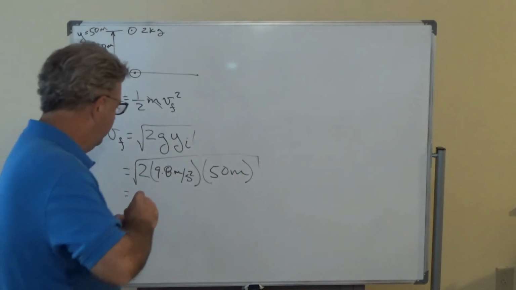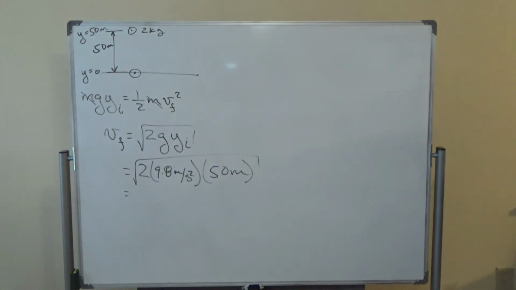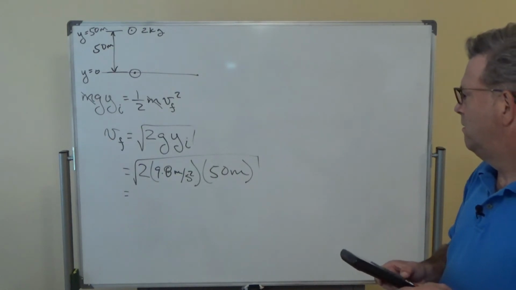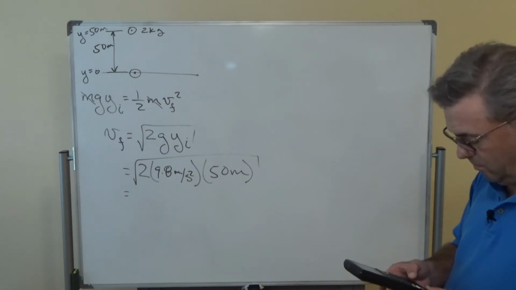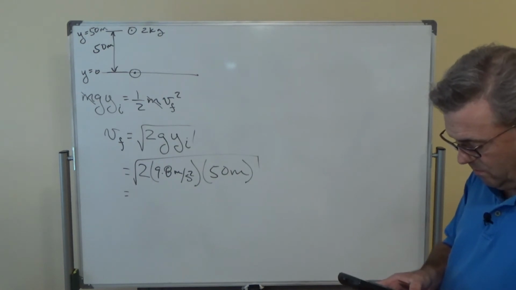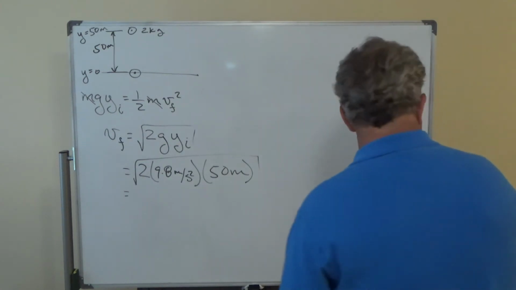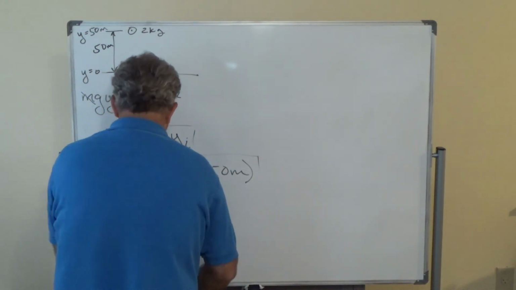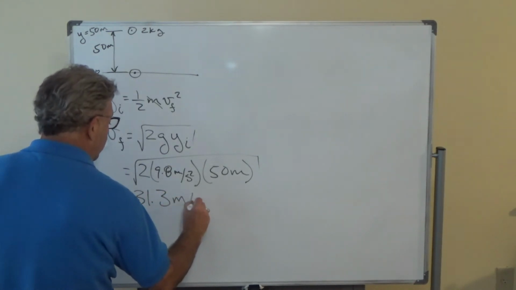So that's 980. The square root of 980 is about, I don't know, what do you get? 31.3 meters per second.